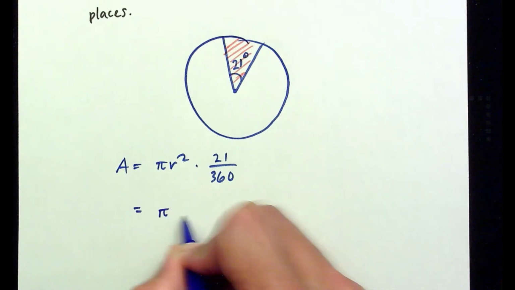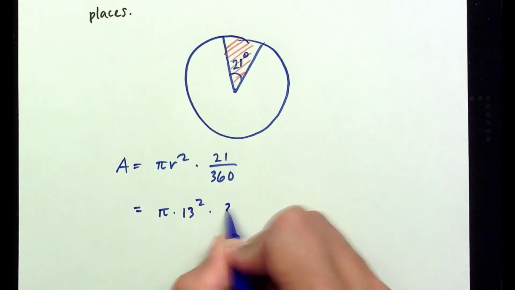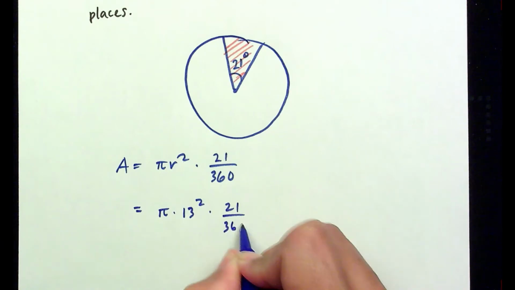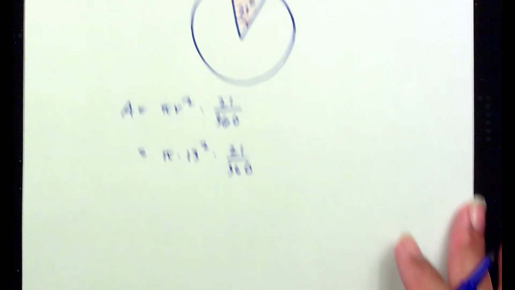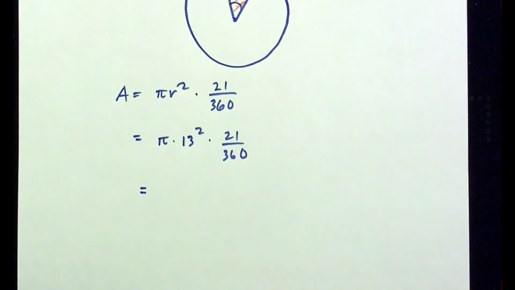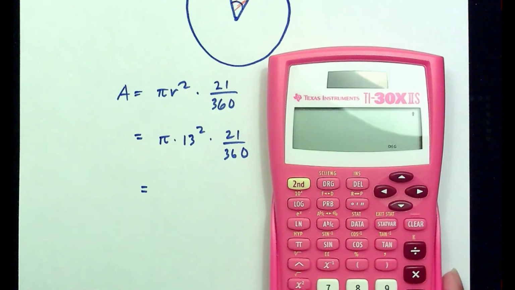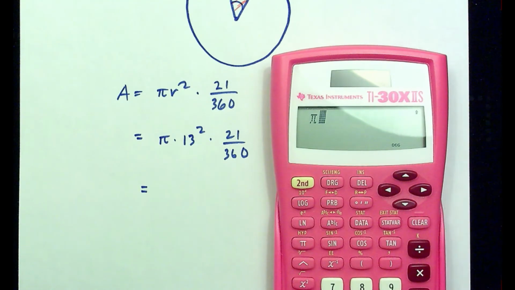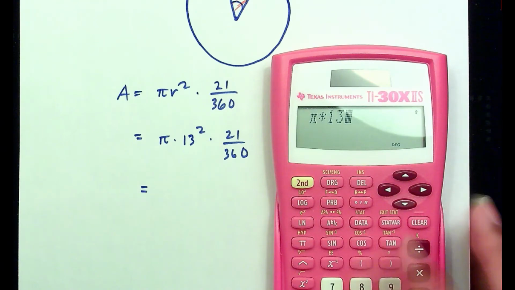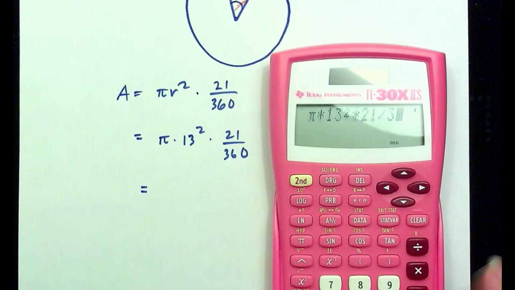Okay, so now we just plug in what the radius is and simplify this, and that's it. So this is going to be pi times 13 squared times 21 over 360. And now let's enter this in the calculator. So we have pi times 13 squared times 21 over 360.